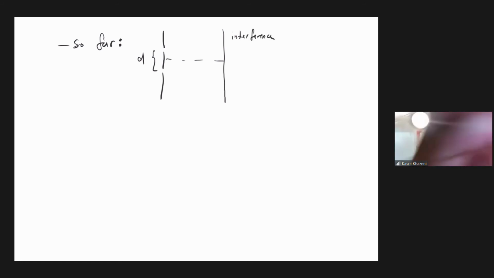All right. So far, we know if we have two tiny points of opening in a film, they form interference. And you remember that, right?